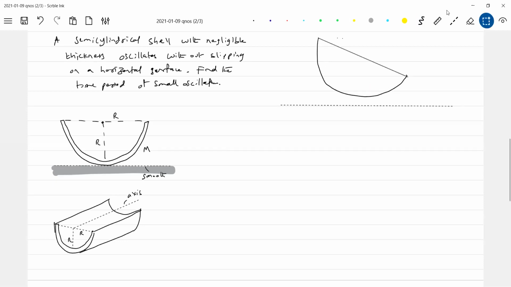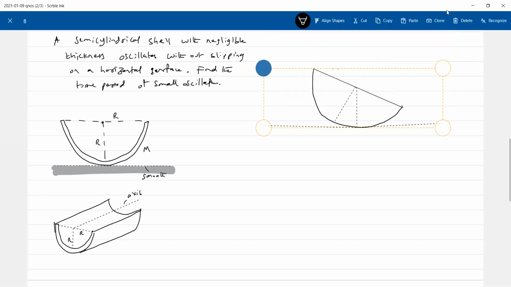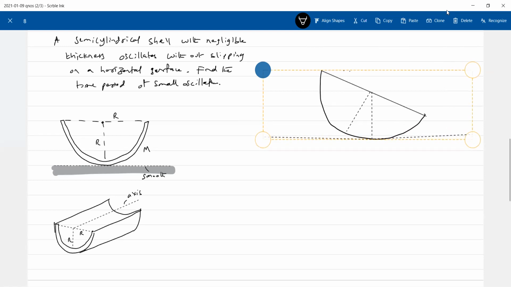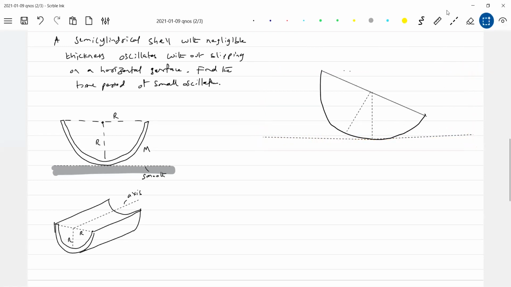You may face a little bit of difficulty. If you want, you can magnify the diagram. Once after drawing, I'll magnify it.